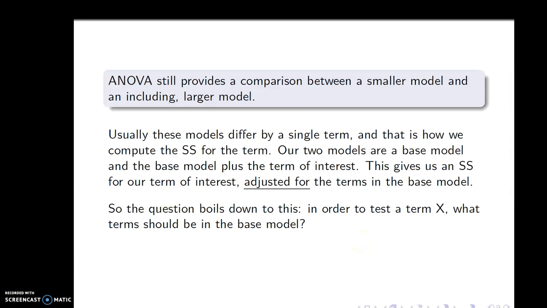But we do need to think carefully, in order to test a particular term, about what terms need to be present in the base model, in order to compare the models where we've included or excluded a particular term X. Again, let's try to incorporate this into our in-class example that we will work through. It's best learned by experience, I think.